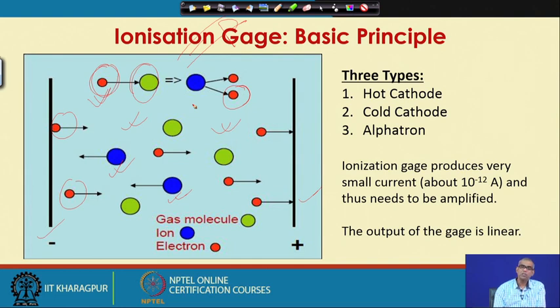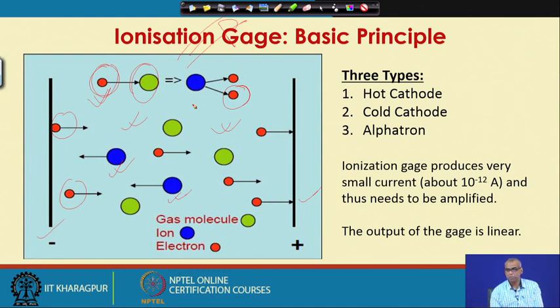The number of these positively charged ions will depend on the number of gas molecules present in the chamber. The number of gas molecules present in the chamber is nothing but a measure of pressure. More gas molecules in the chamber means more pressure, very few gas molecules in the chamber means very low pressure.